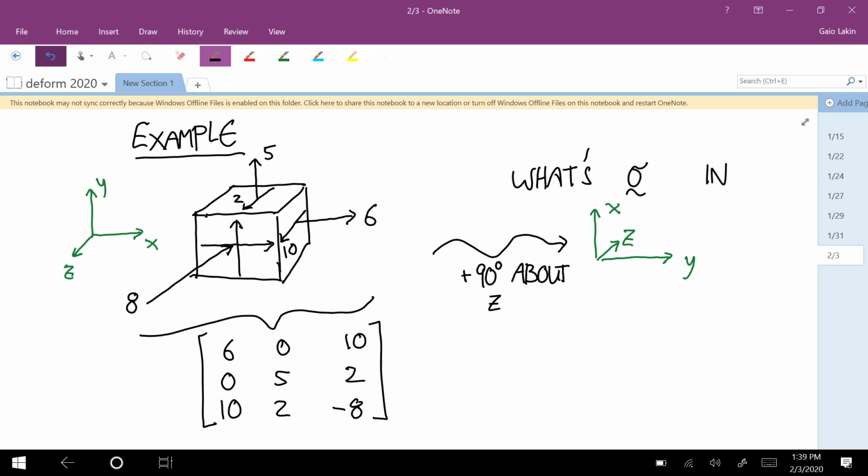So after you do that, you have to rotate 180 degrees about the x-axis, about the new x-axis. You see that? We could use plus or minus, but let's say positive 180 about x.